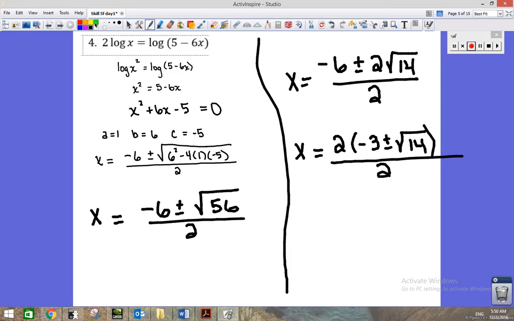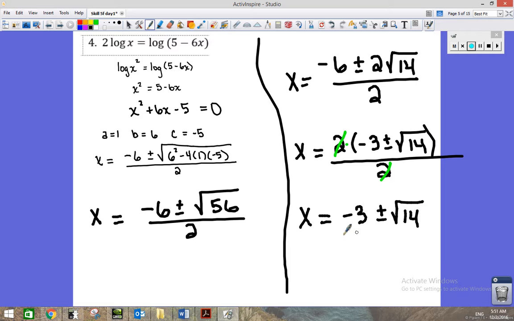What I'm afraid of is that people will come along and say those cancel, and they do not. Those are terms. Now right here, since I've written this as a product, this factor of 2 divided by this factor of 2 does divide to 1. Or you could split the fraction up into 2 fractions and divide each term by 2. So we've got negative 3 plus or minus the square root of 14.